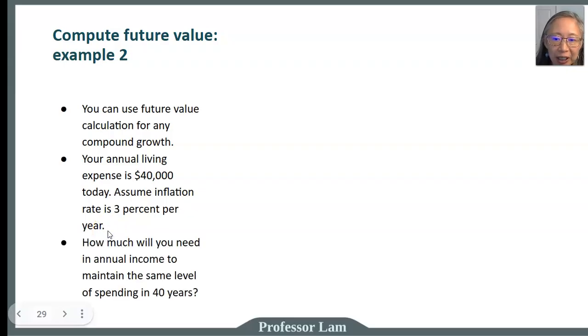I'm planning for my retirement and I want to know how much I will need to spend per year in 40 years to maintain the same standard of living as today at $40,000 per year. In other words, today's value is $40,000 and the rate of increase is the inflation rate of 3%. I want to know how much that will become in 40 years. Pause the video here and enter the values into your template.